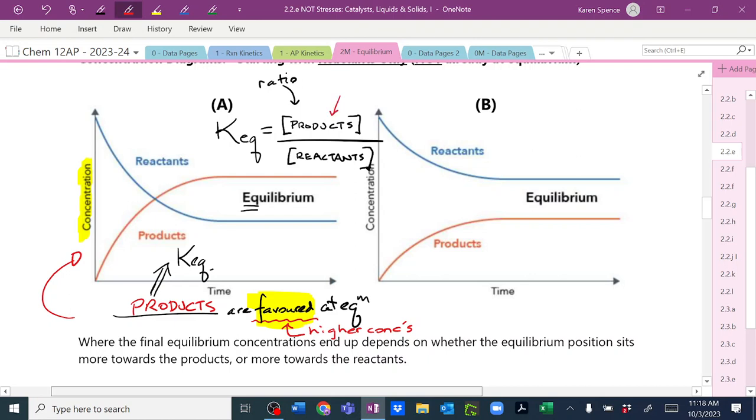Well, it's always going to be positive because your concentrations are always positive. So you have a positive number over a positive number. Because we have a bigger number over a smaller number, since the products are favored, KEQ is greater than 1.